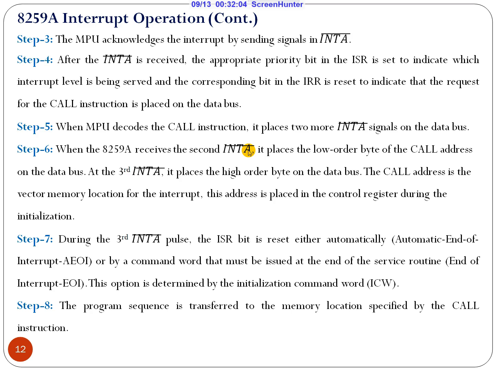Interrupt acknowledgement signals will be generated upon the call instruction. Two more interrupt acknowledgement signals will be generated: in the second interrupt acknowledgement signal the lower order byte will be placed, and the third interrupt acknowledgement will be placed with the higher order byte.